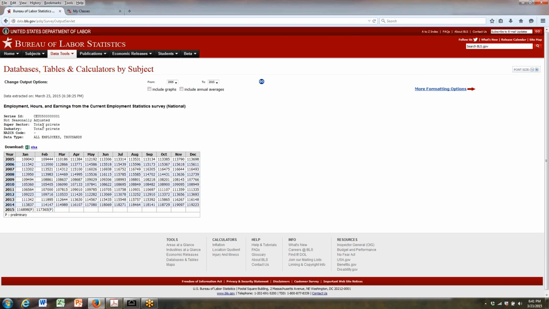And notice that these numbers are somewhere, it says, let me see if I can find it, in millions. So we have to be careful of that. It should say that somewhere. I'm not seeing it right here.